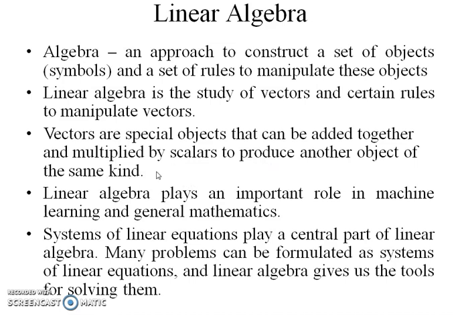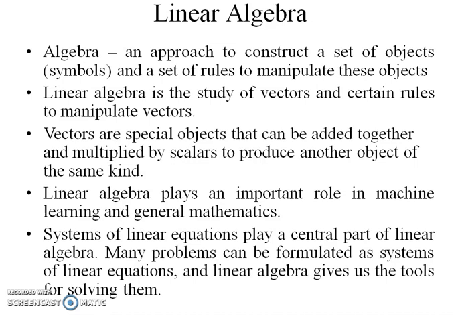So vectors are those objects which satisfy these two properties: they can be added together, and they can be multiplied by scalars to produce another object of the same kind.